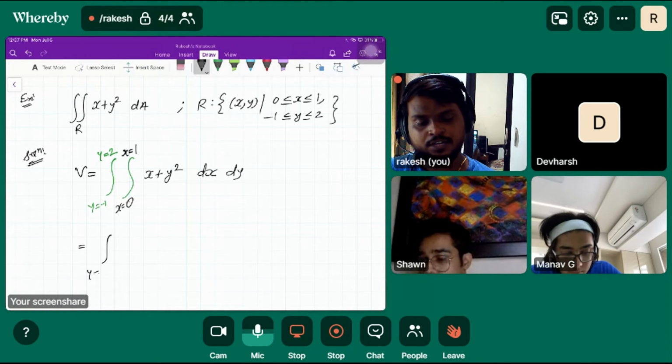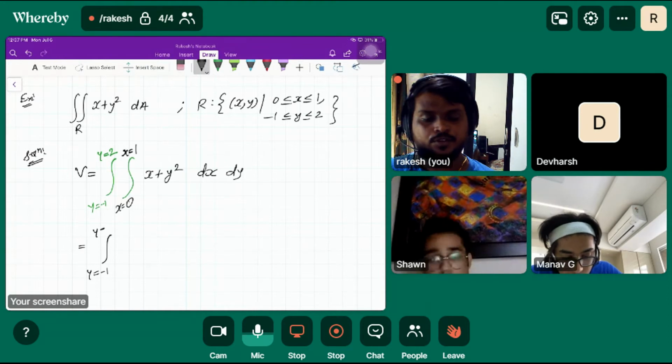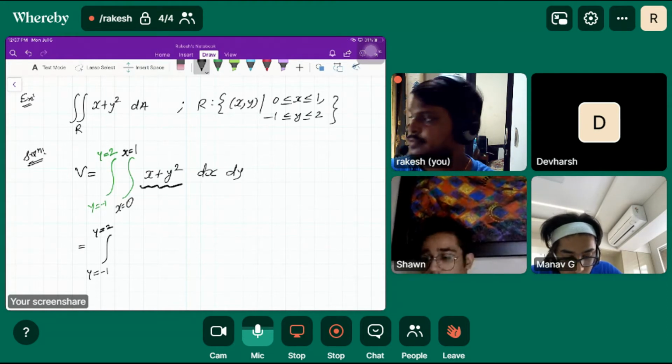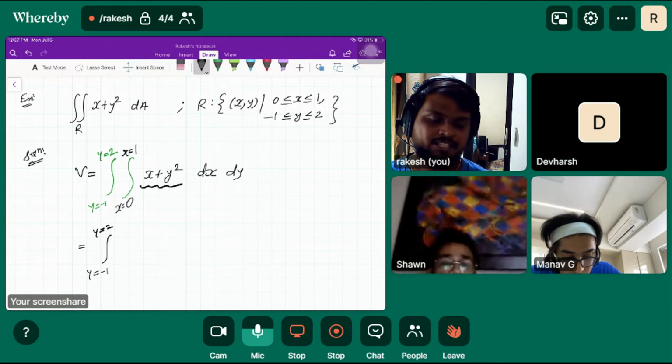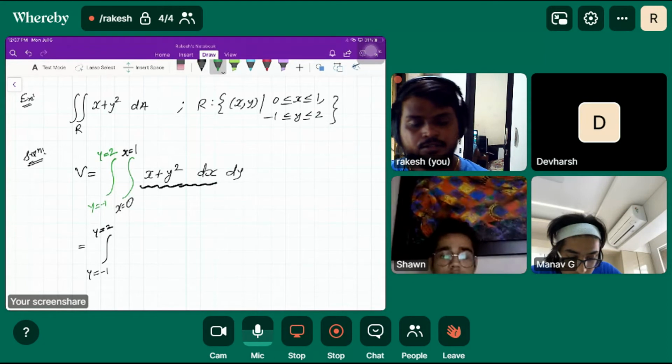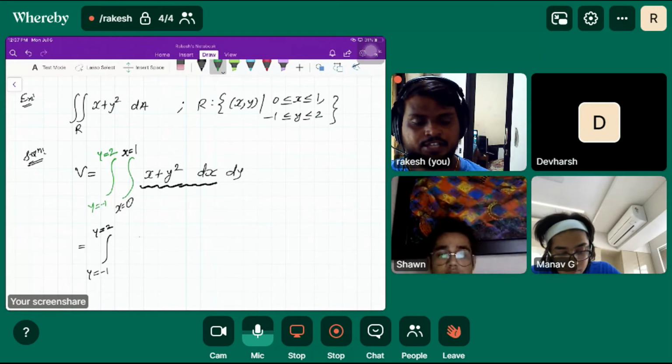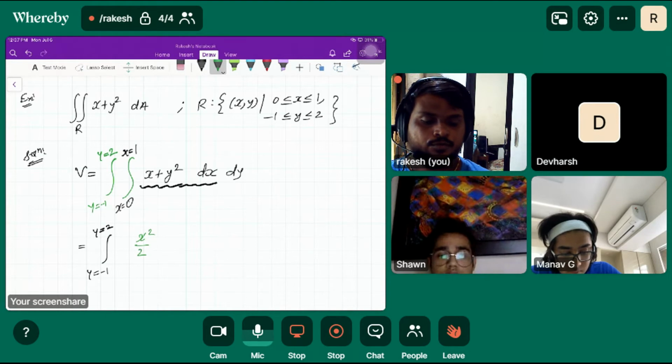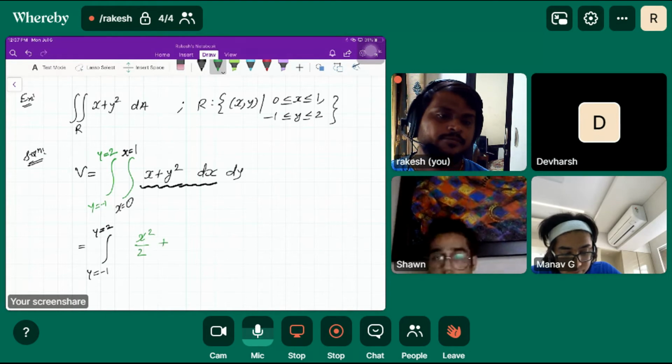So y is equal to -1 to y is equal to 2. What is the integration of this function with respect to x first? With respect to x means y holds constant, x square upon 2. What is the integration of y square with respect to x?